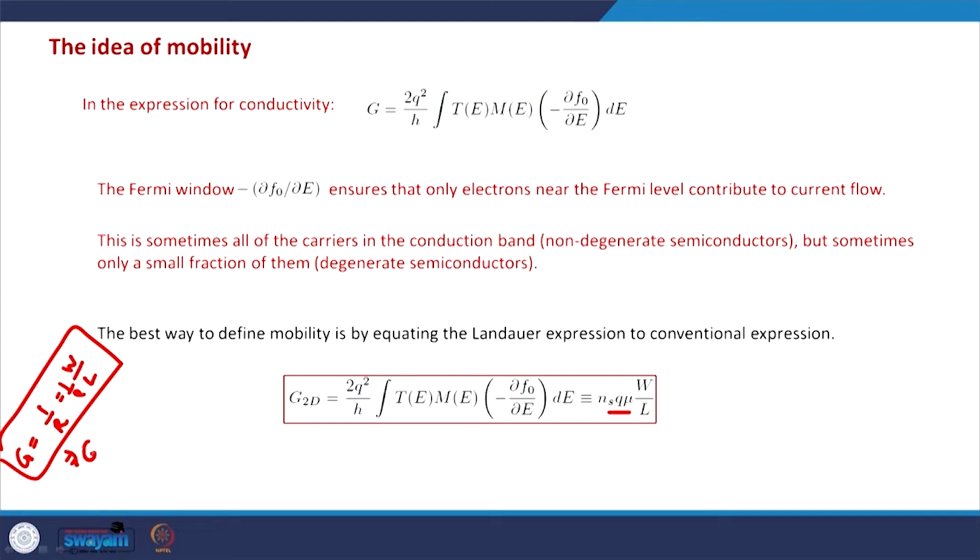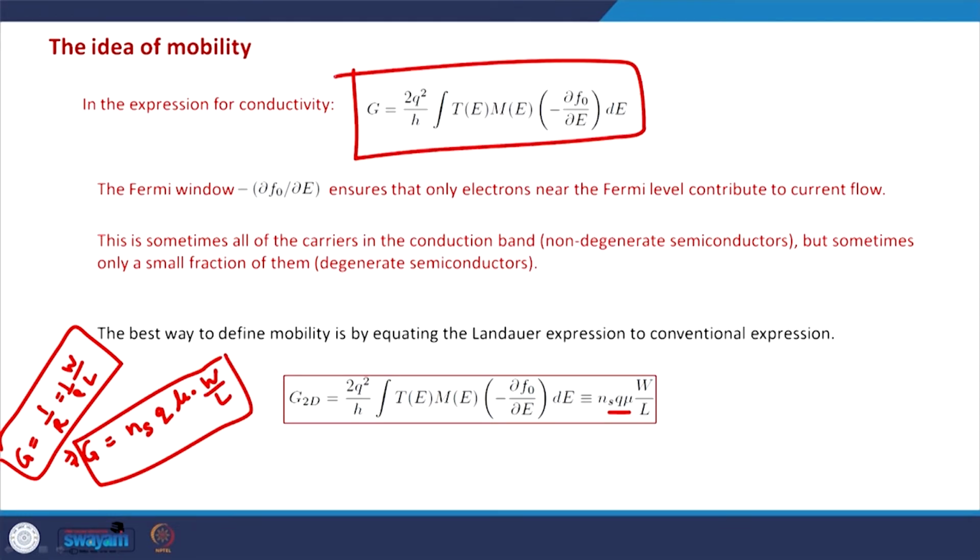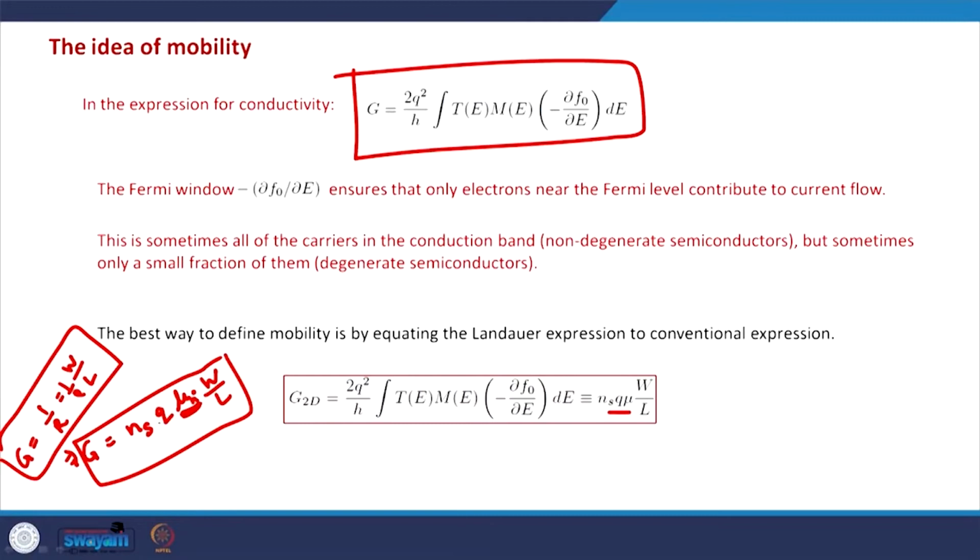So conventionally G is equal to ns q mu times W by L. So this we need to equate with the expression here, so that way we can calculate the mobility of electrons. We are considering that only electrons are responsible for conduction in this case, so that's why we have written mu n, which indicates the mobility of the electrons.